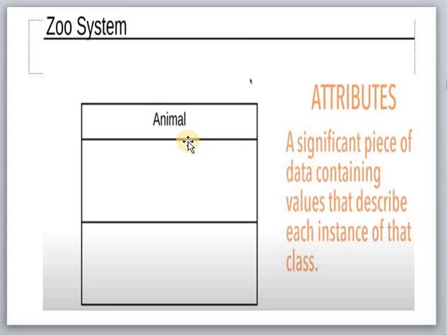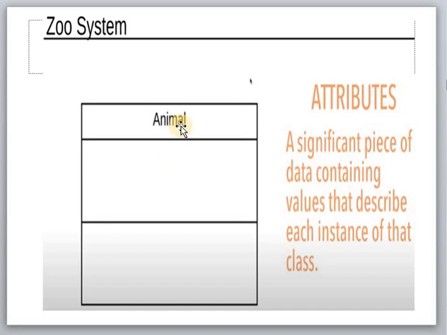Suppose we have a class by the name of Animal. We will mention the name of the class starting with a capital letter, and the name should be in the center of this compartment. Then here we will have the attributes, which are significant pieces of data containing the values that describe each instance of that class.